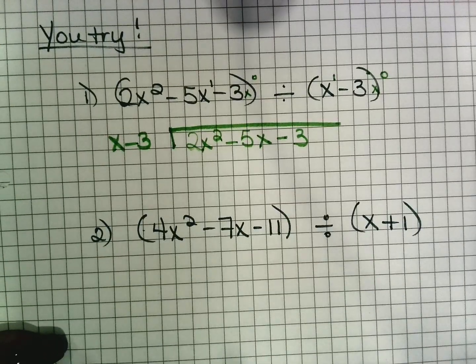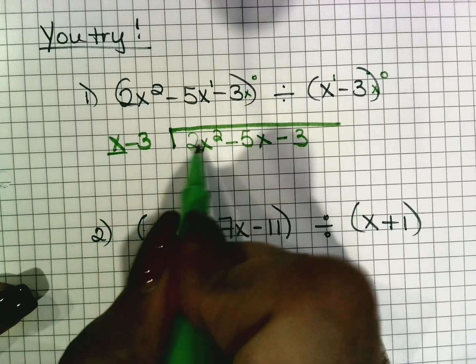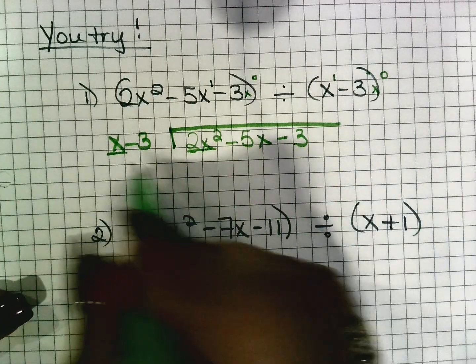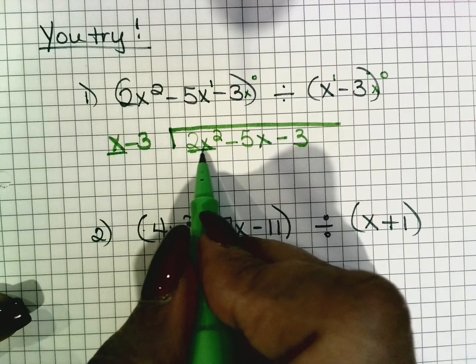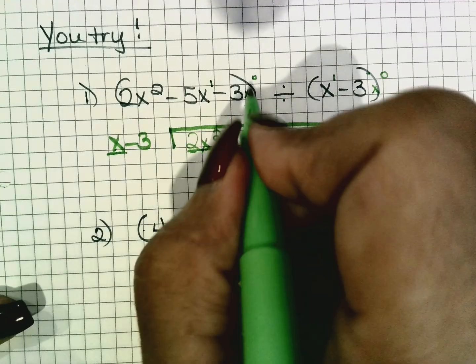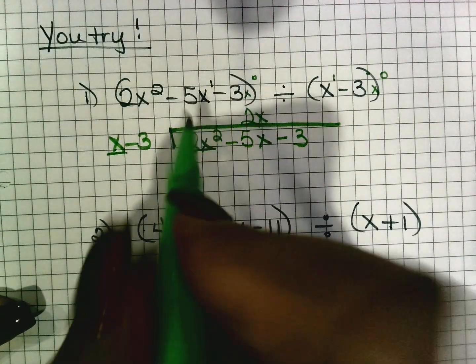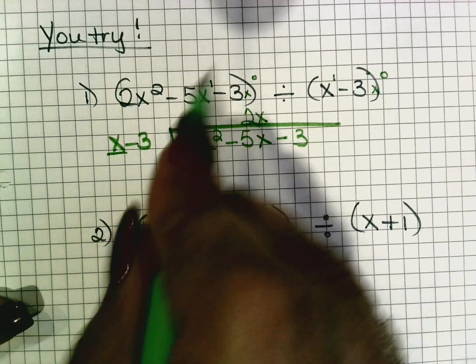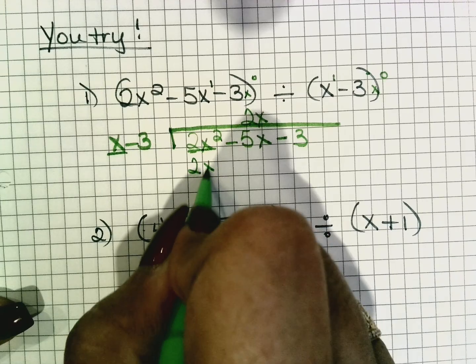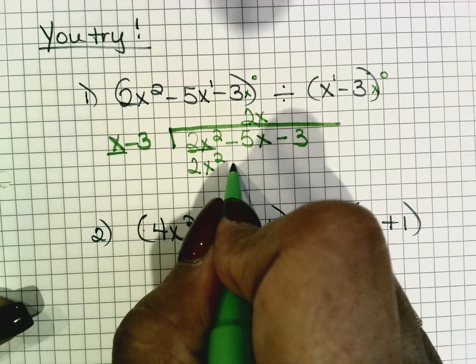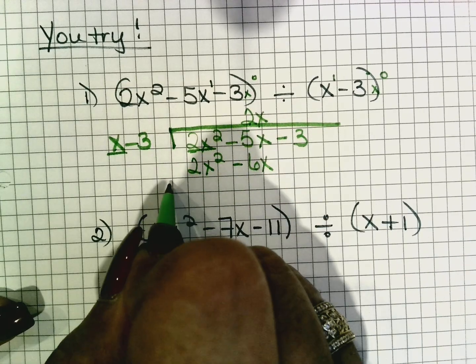All right, so we're going to look at the x and the 2x squared. X times 2x will give me 2x squared, so the 2x, remember, goes right above the x term. We're going to go ahead and multiply 2x times x, that's 2x squared. 2x times negative 3, that's minus 6x.